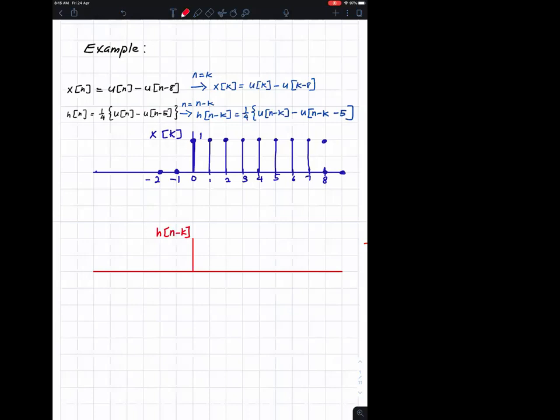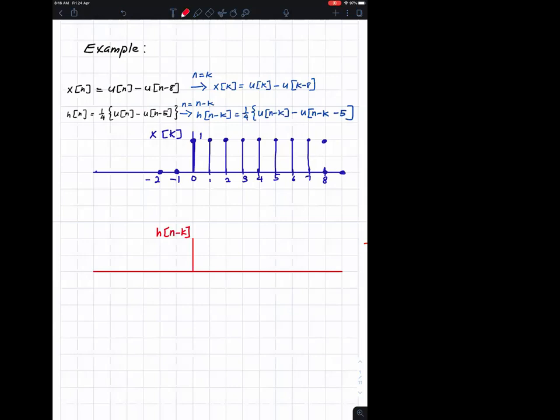In order to plot h[n minus k], you may want to plot step by step. There are two ways of doing things.